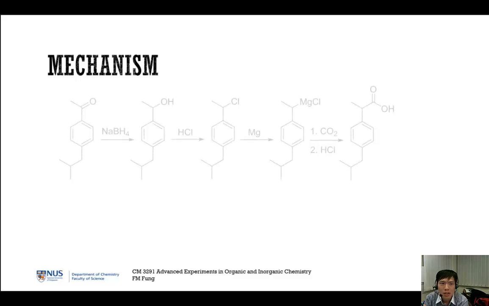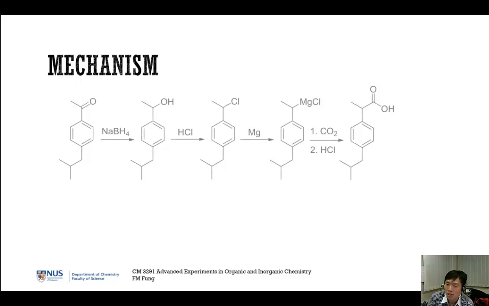Let me talk about mechanism of these reactions. In organic chemistry, whenever you do a synthesis, you can't do away with the mechanism. So here, in the first step, we know that sodium borohydride reduce the ketone by what kind of reaction? Recall.